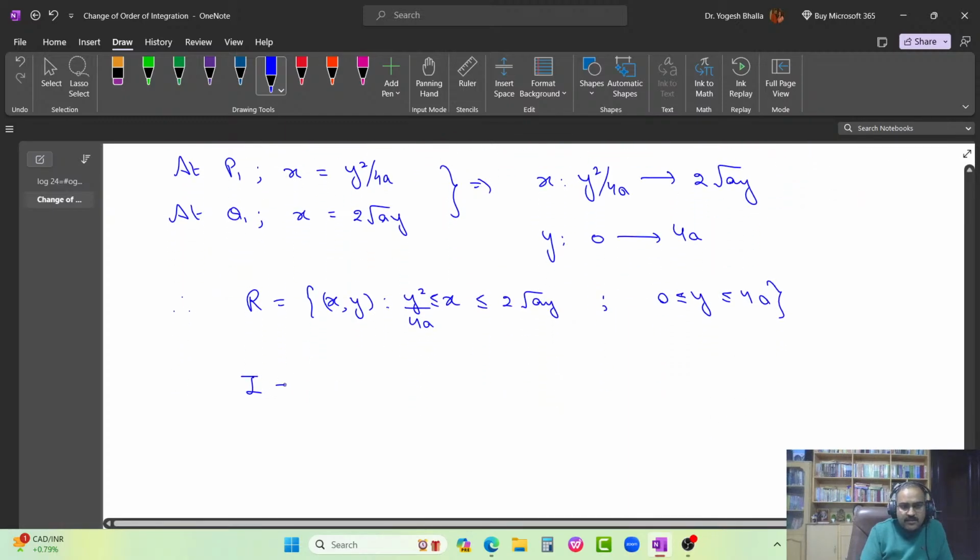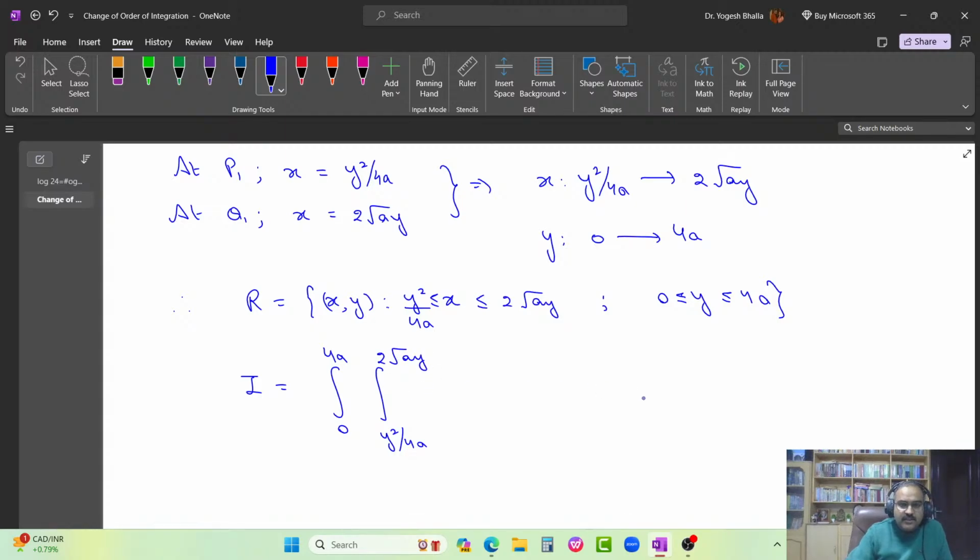So when I take the integration, the constant limits 0 to 4a are taken outside, and inside it will be y square by 4a to 2 times root ay. Now what was the function? The given function was 1. These are the limits for x, so dx; outside the limits are for y, so dy.